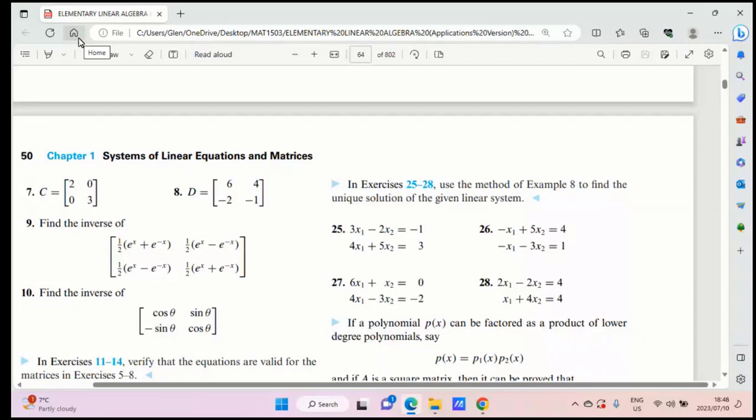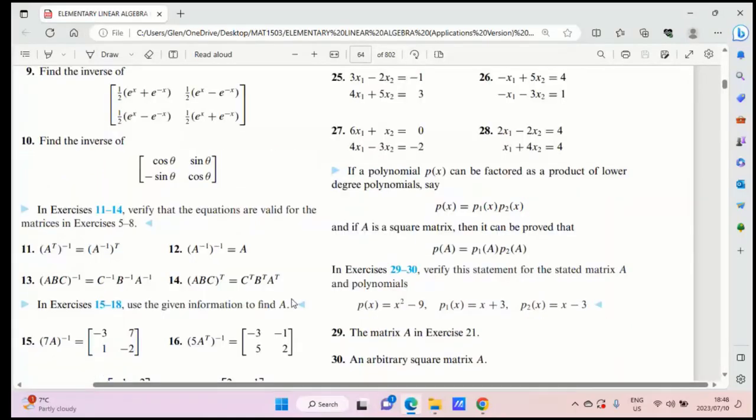All right. Let's look at number 12. Where is this 12? In exercises 11 to 14, verify that the equations are valid for the matrices in exercises 5 to 8.